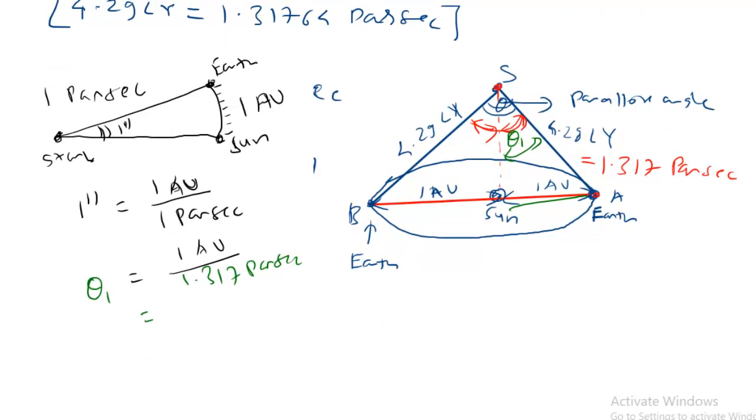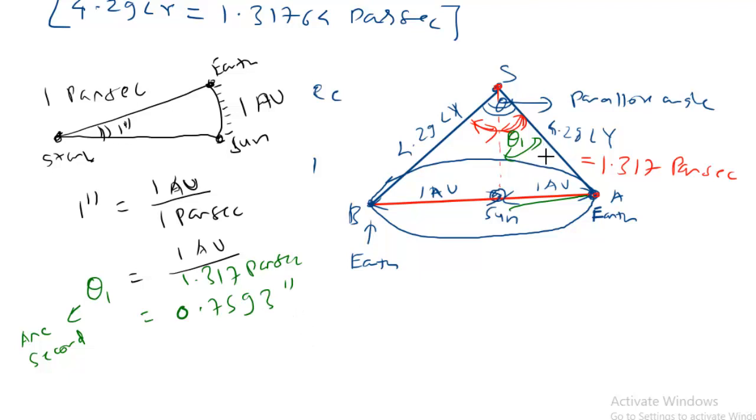So our angle theta 1, as I have represented it, will be equal to 1 by 1.317, and this angle will of course be in arc second. 1 divided by 1.317 will be equal to 0.7593 arc second.